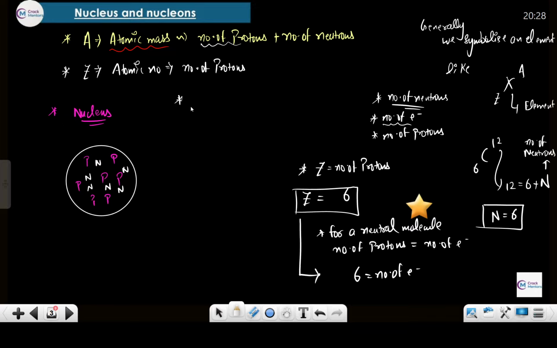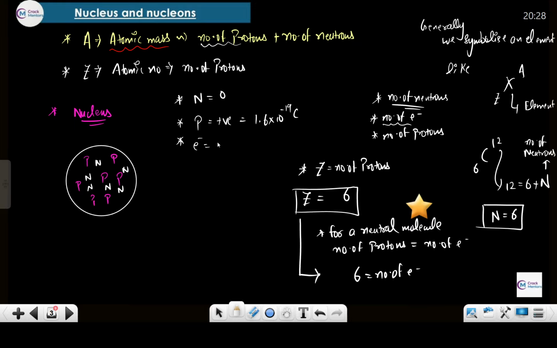There is one more important thing which I need to explain, which I have explained in electric charges and fields: the neutron has a neutral charge, so its value is 0, and the proton has a positive charge with a value of 1.6 into 10 to the power minus 19 coulomb.